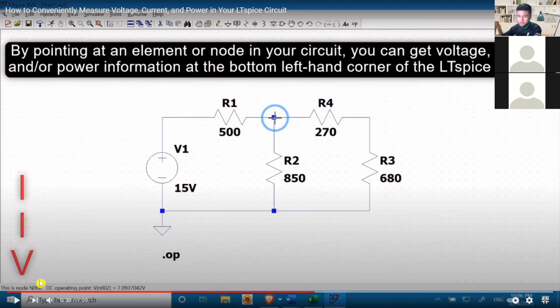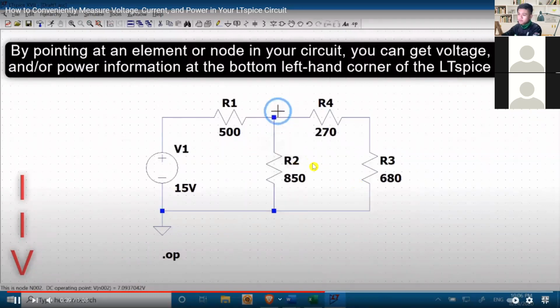Okay, so this is already showing all of the information that you need. For example, this one is node N002, though this one is super small. Node N002, and then DC operating point V(N002). The name of this node is N002, wherein it has a reading of 7.09 something volts. It's a long decimal.